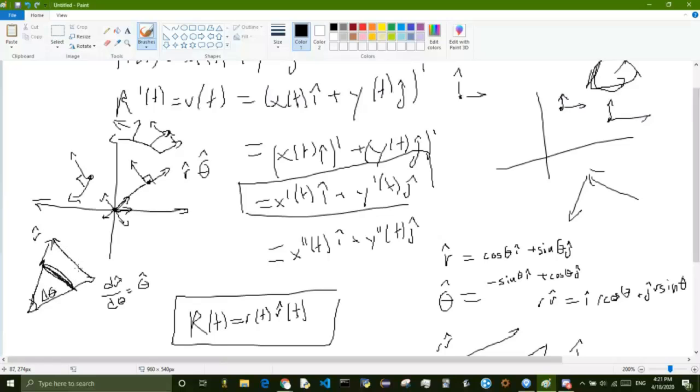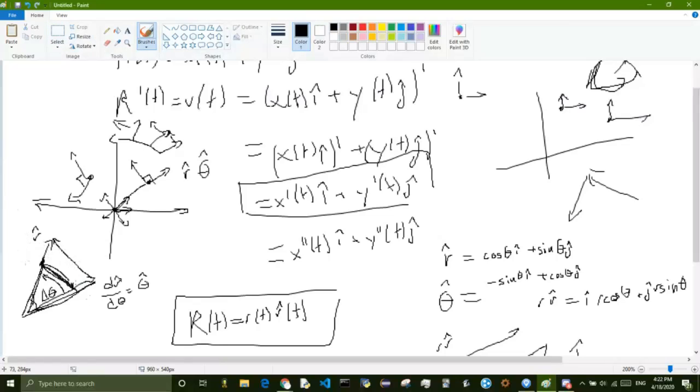Because if you increase theta and you subtract off these two vectors, when you're increasing theta, the vector points along theta hat, because what you're doing is you're moving r hat in the direction of theta hat.